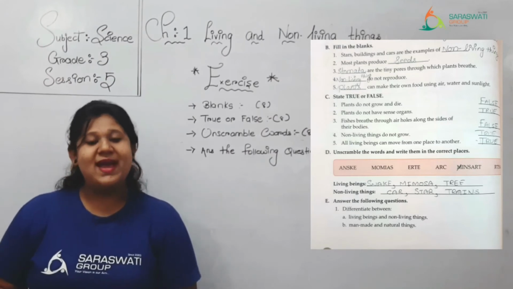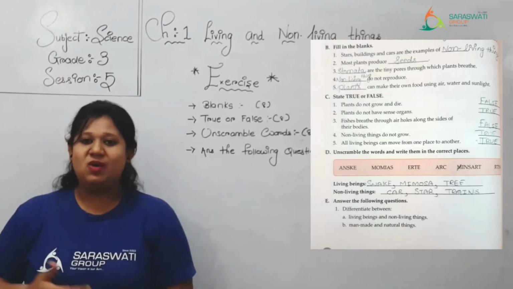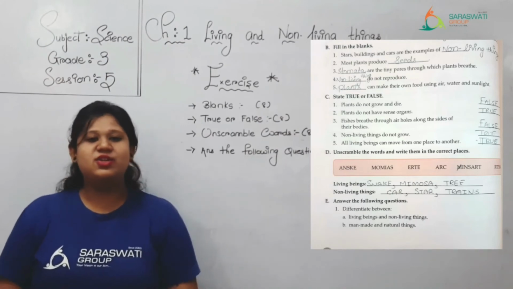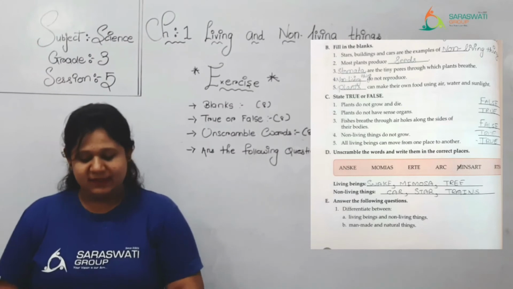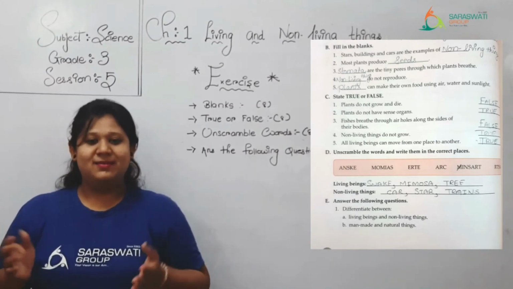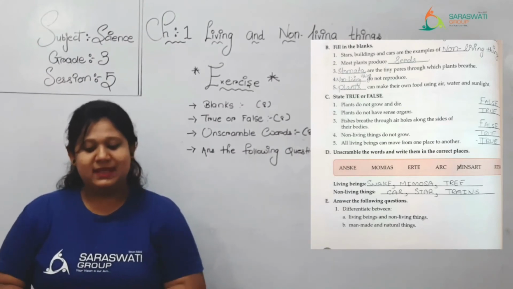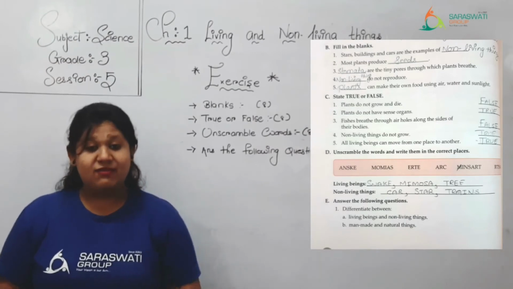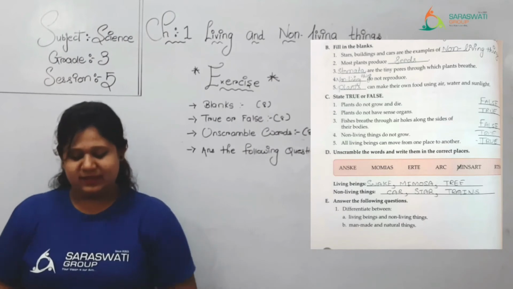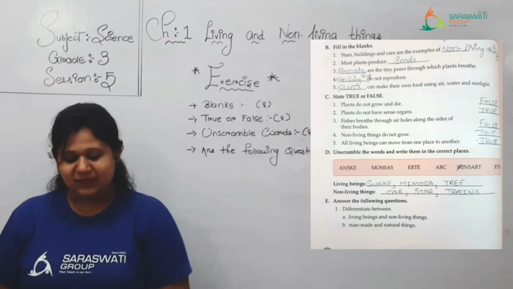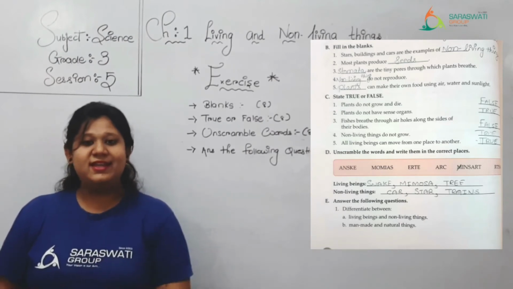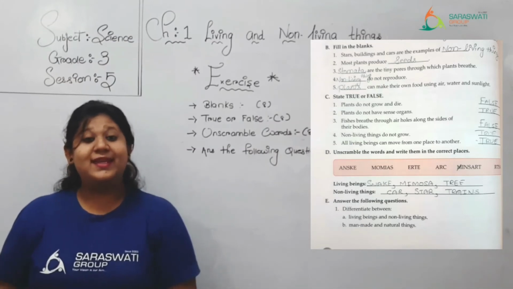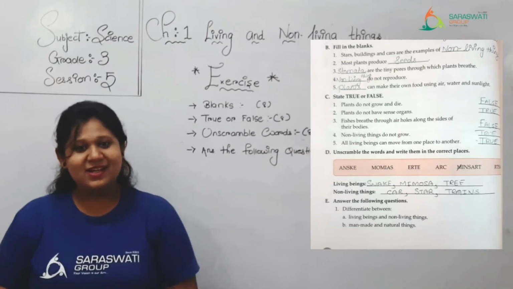They grow and die. वो grow भी होते और die भी हो जाते. Non-living thing. They do not grow and die. Living thing. They breathe. Non-living thing. They do not breathe. Living thing. They feel. Non-living thing. They cannot feel. Living thing. They produce. Non-living thing. They do not produce. Clear?